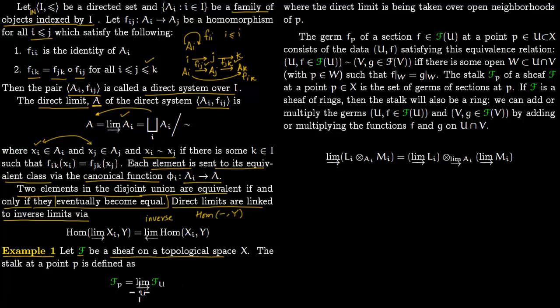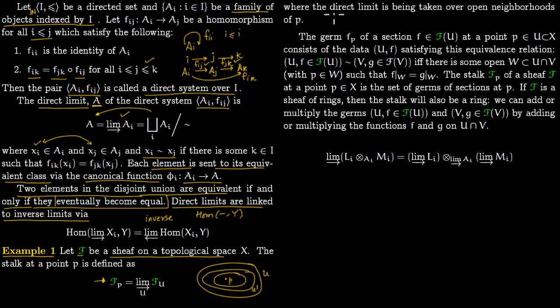The index set is just these sets U which contain P. So the point P is contained within some set U. And now you have to have a directed system, which is just the inclusion of sets. This set U will contain some other set, say U prime, which will further contain another set, and so on. You take a direct limit over all these neighborhoods of point P, and you eventually get a stalk.